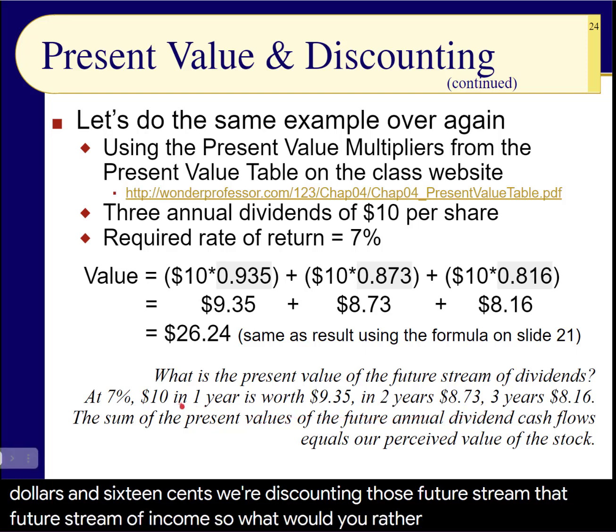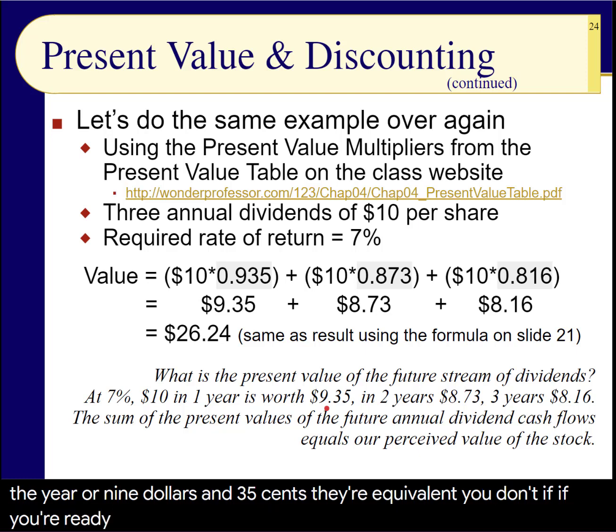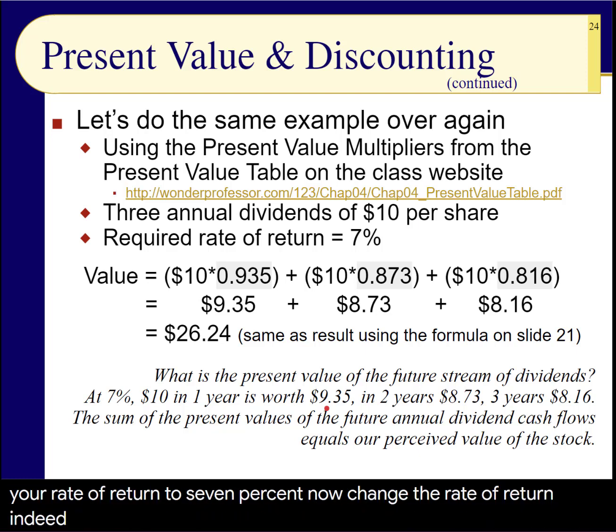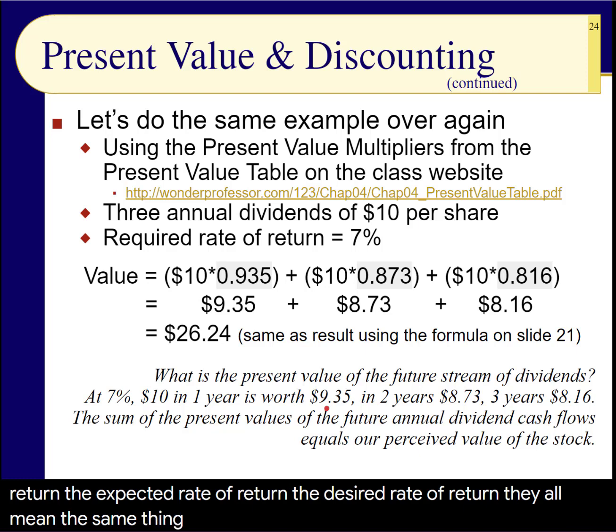So what would you rather have? $10 in a year or $9.35? They're equivalent if your rate of return is 7%. Now, change the rate of return, indeed, and the amount changes. As we said in our previous presentation, the discount rate, the required rate of return, the expected rate of return, the desired rate of return, they all mean the same thing, and it affects the models greatly.